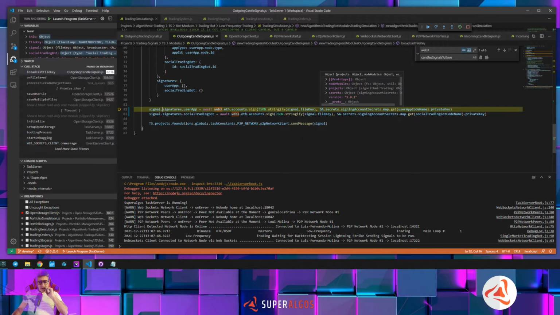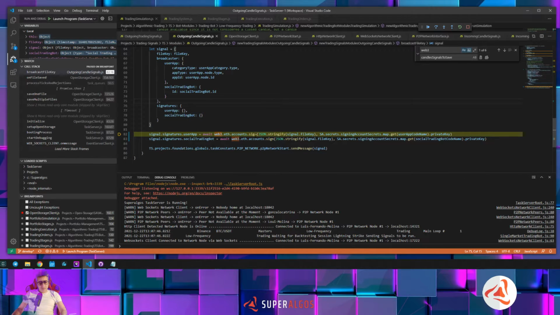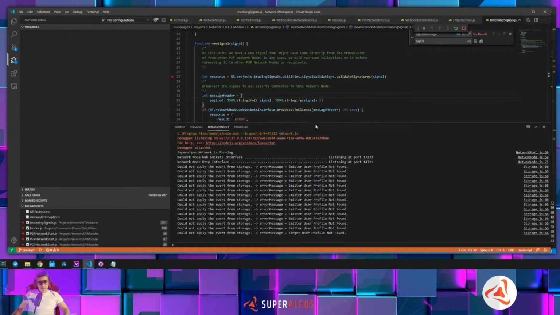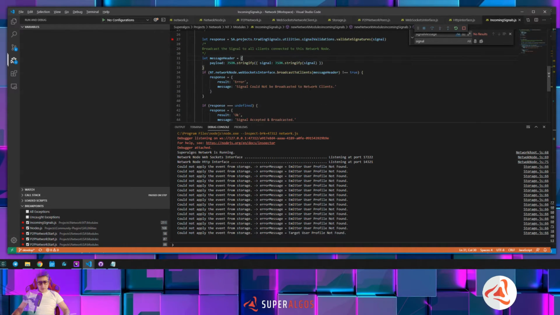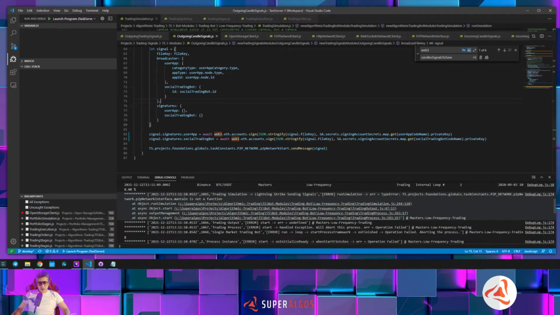Remember, we are assigning the file key, so the signal message is going to be only this part, the file key. I would have expected this to come again to the network. Oops.